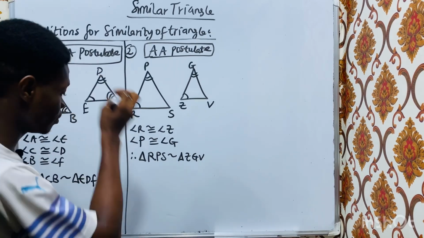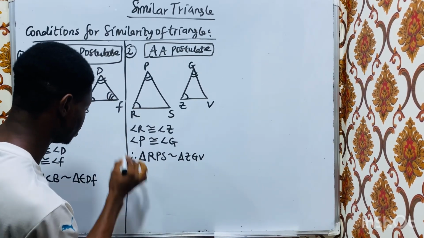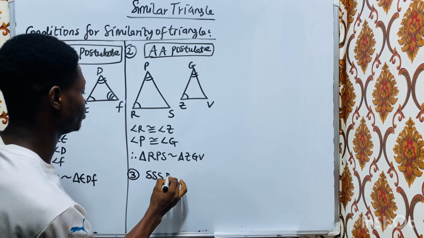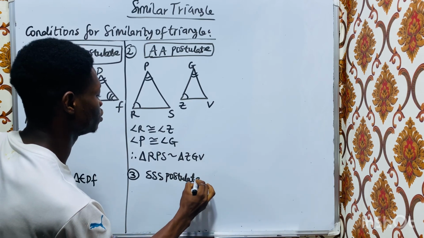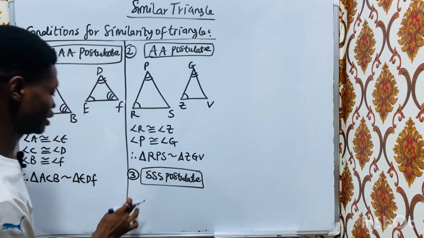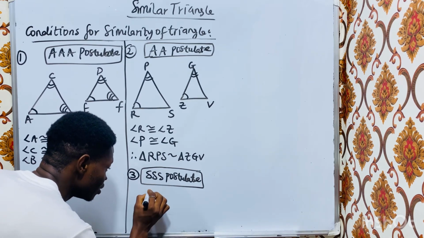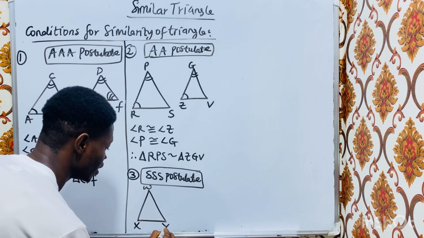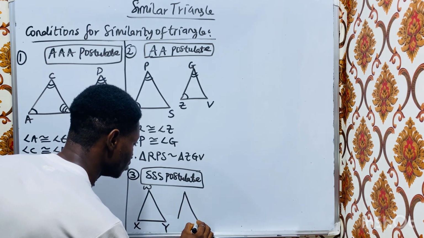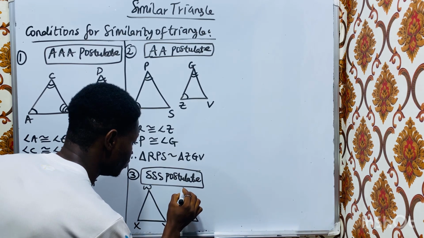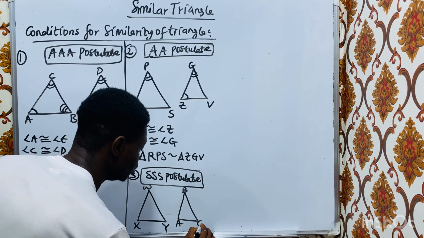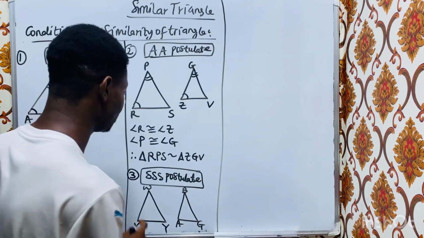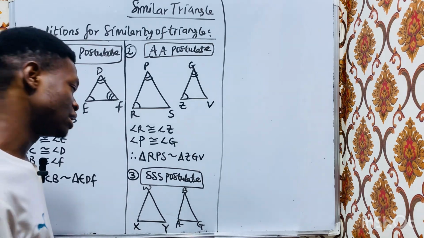So the next postulate, which is the third one, is called the side postulate, that's the SSS postulate. So for example, if you have this triangle WXY and you have another triangle BAG like this, the SSS postulate is trying to tell us that if the ratio of their corresponding sides are the same, that means they are similar.